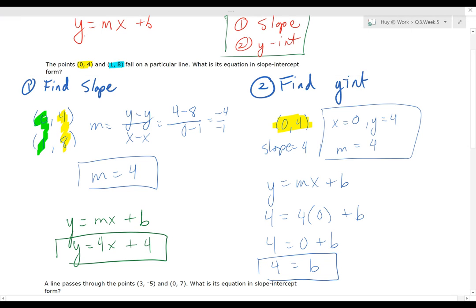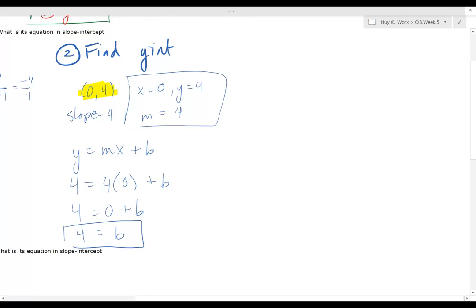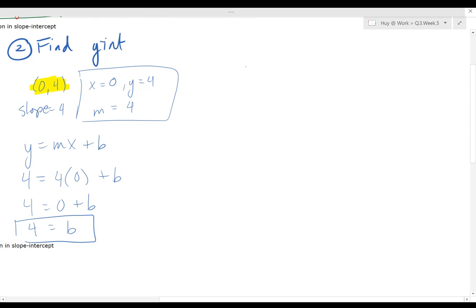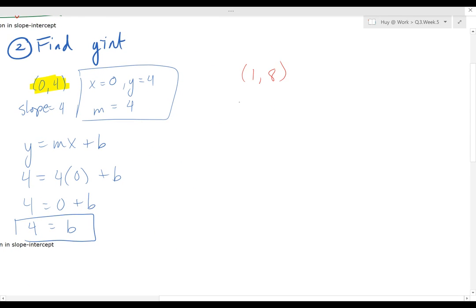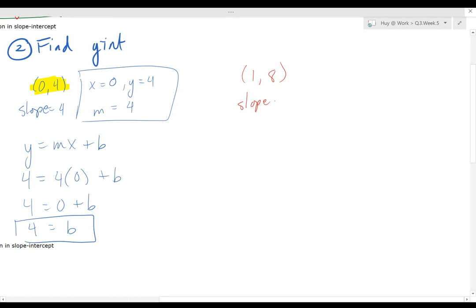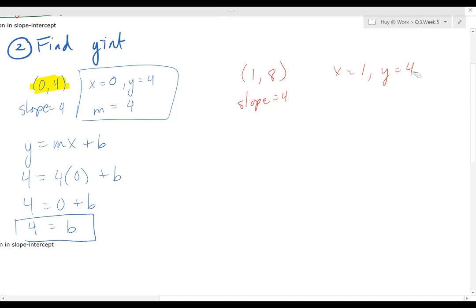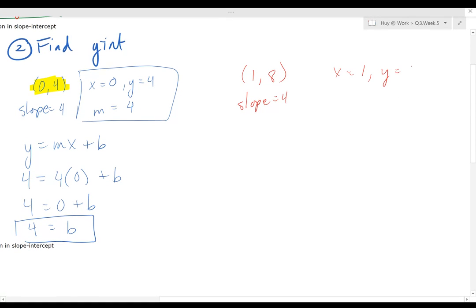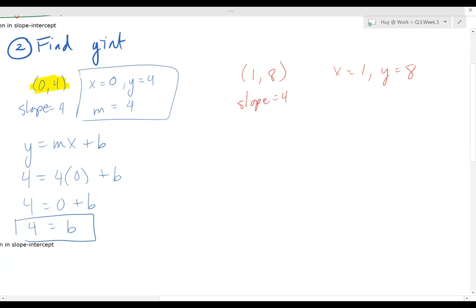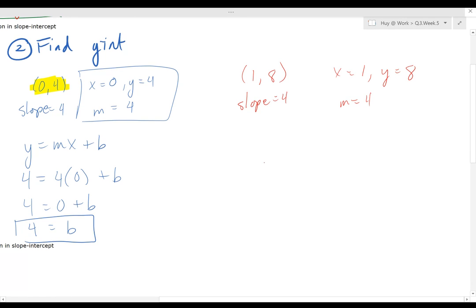Let's take a look at what that looks like. Slope is still 4. So x is 1, y is 8 for this point, and m is 4. So let's solve for the y-intercept.